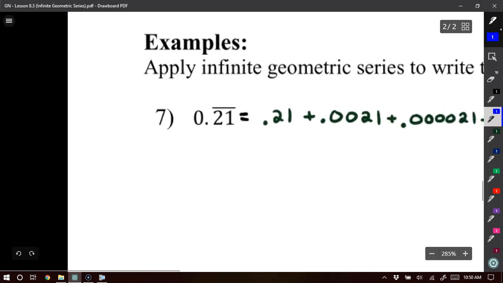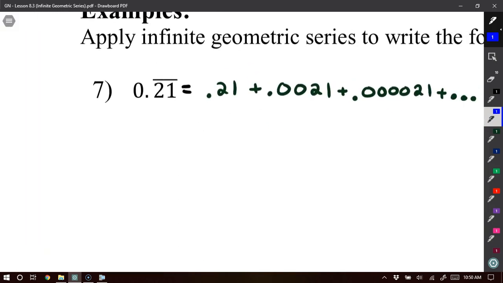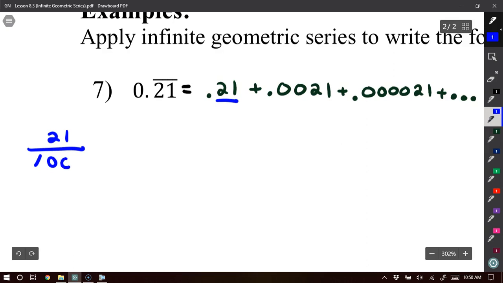So let's start it off. See, we have a 21 over, well, how many places do I have? I have 2 places, so I'm going to have 2 zeros. Plus, I have a 21 over, well, how many places do I have?